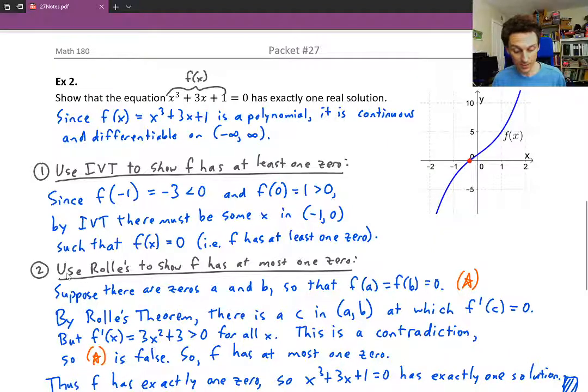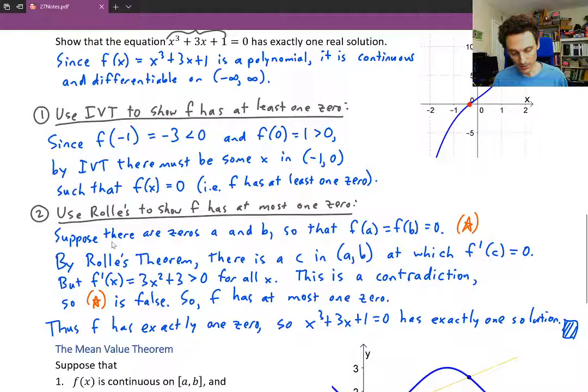Then we use Rolle's theorem to show that if f has more than one 0, then we get this nonsense thing that happens. So suppose that there are two zeros, a and b. Well, then f of a would have to equal f of b, which is equal to 0. So by Rolle's theorem, there'd have to be a c in the interval from a to b, at which we have a horizontal tangent line, at which f prime of c is equal to 0.